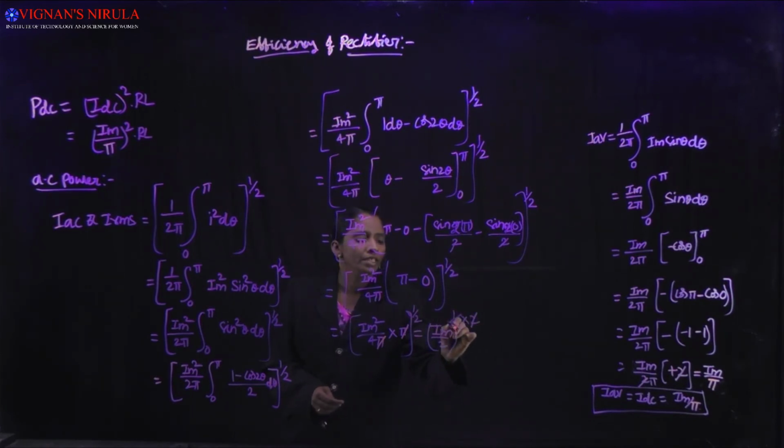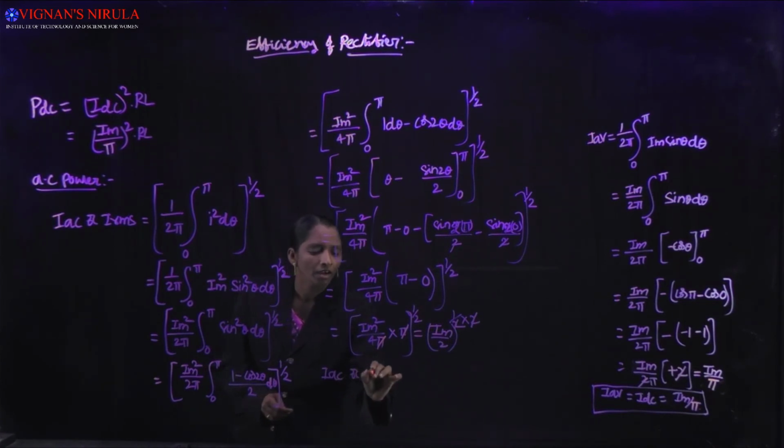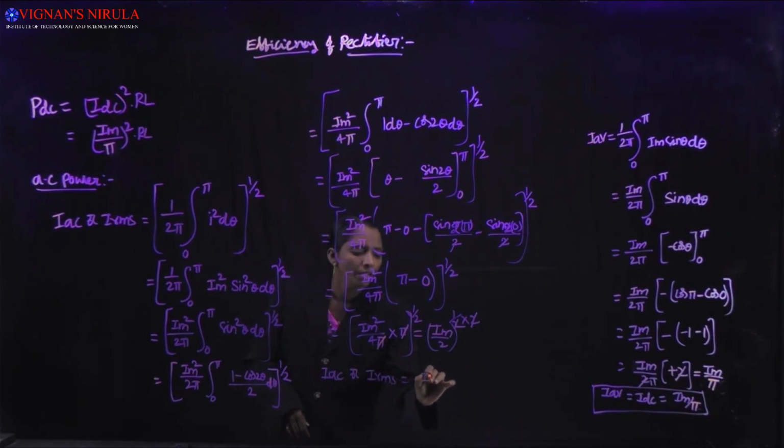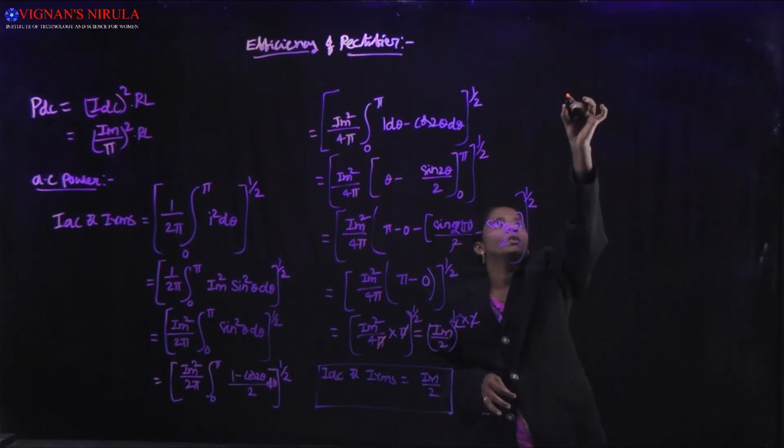Here 2 gets cancelled. We are getting IAC or IRMS equal to Im by 2.